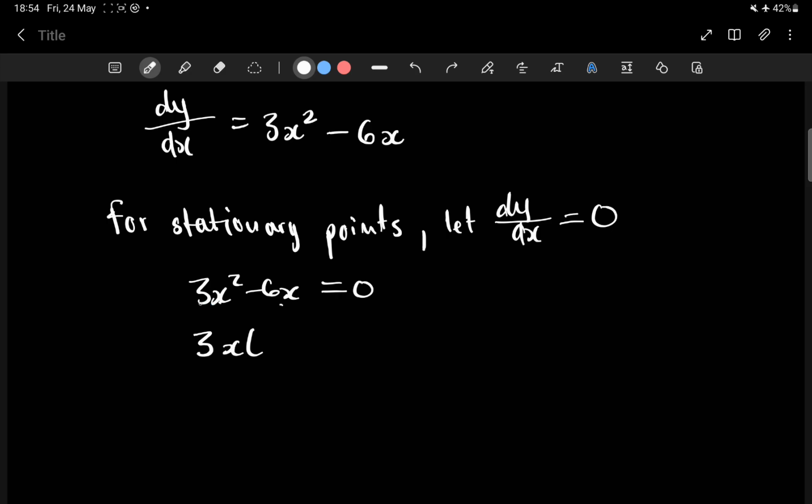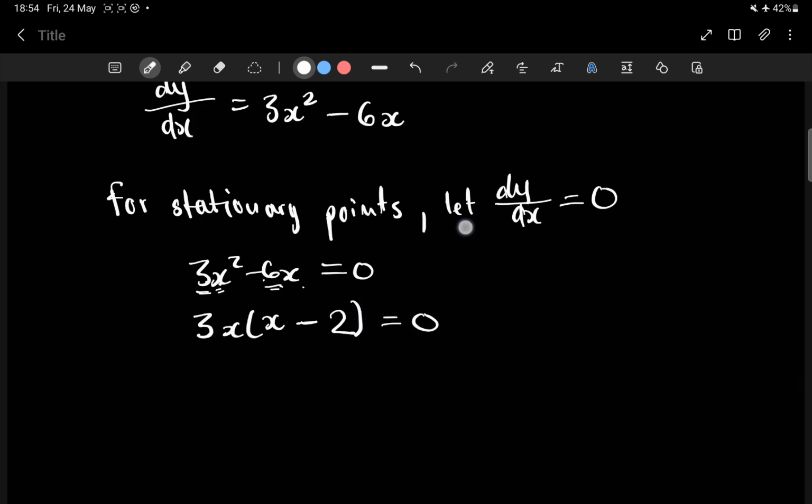Here I'm factorizing. 3 is common in 3 and 6, and x is common in x squared and x. So I'll say 3 into 3, 1. x into x squared, I'll remain with just 1x and x. Okay, because x squared is 2 x's multiplying. I'm removing 1, so I will remain with 1. Then minus 3 into 6, 2. Then x into x is 1, so this will be equal to 0.